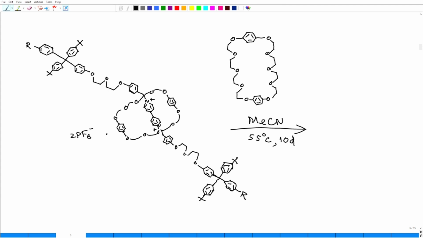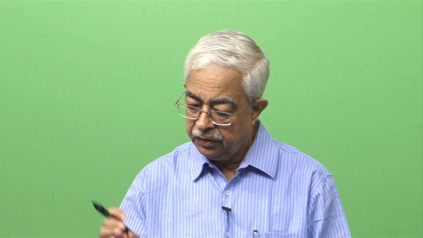So here these things are important: your stopper, the shape and size, this is very crucial, and also the shape and size of the macrocycle. Okay.